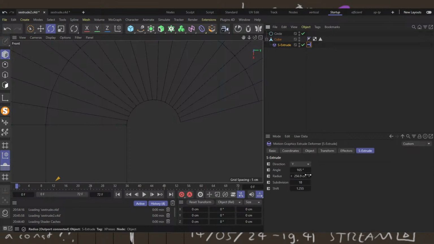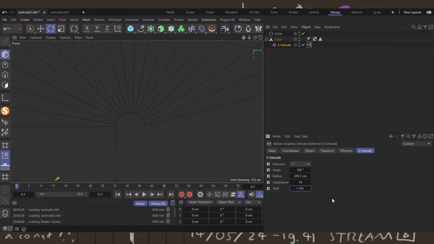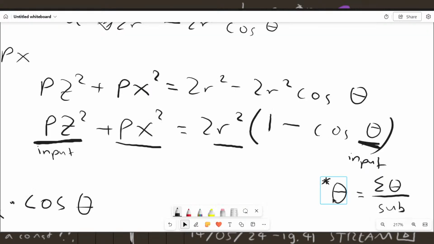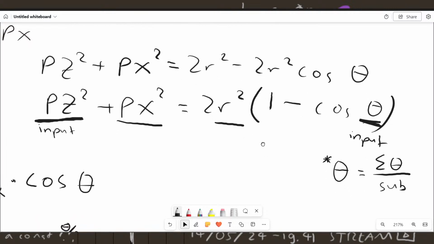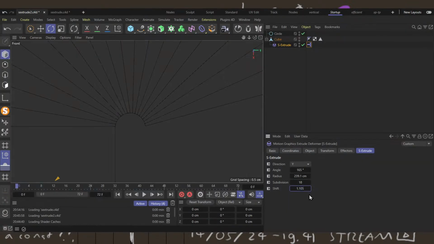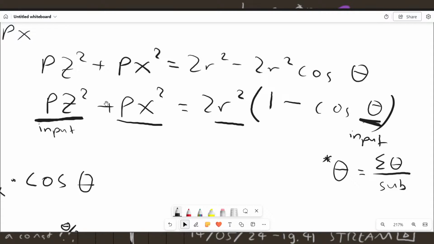So angle and radius will produce the correct shift value. Maybe we can graph that and calculate what we need. But we get the px, which is the shift.